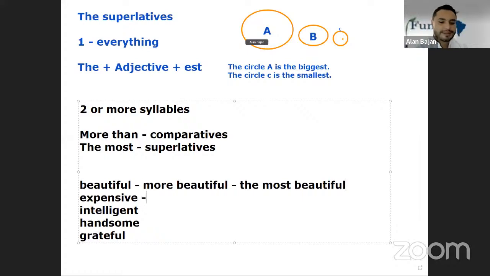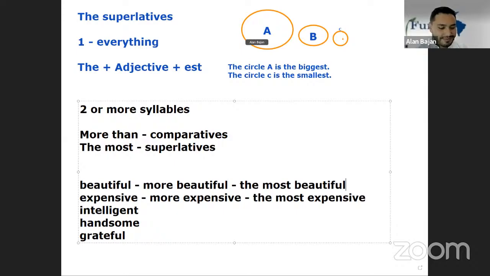Expensive. More expensive. And what we always want in a restaurant, the most expensive food. More intelligent. And my students always, all the time, A2 level, the most intelligent. See?